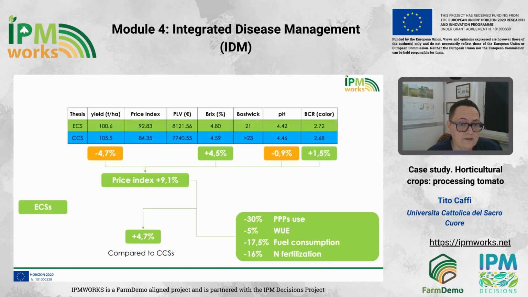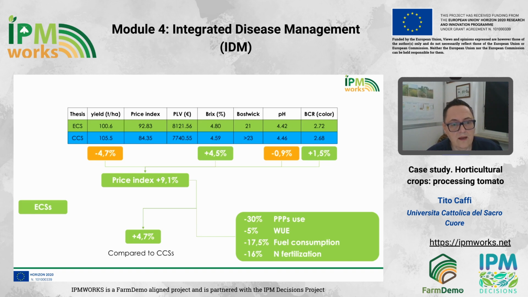This combination of characteristics in the berries harvested after the season gives an increase of 9.1, so a little increase in terms of yield.